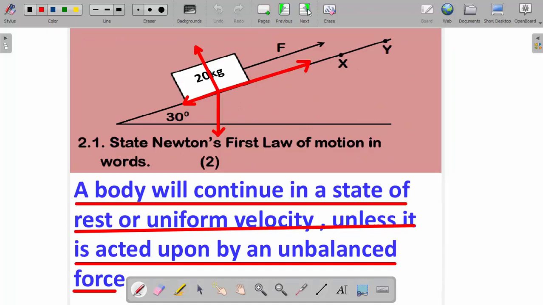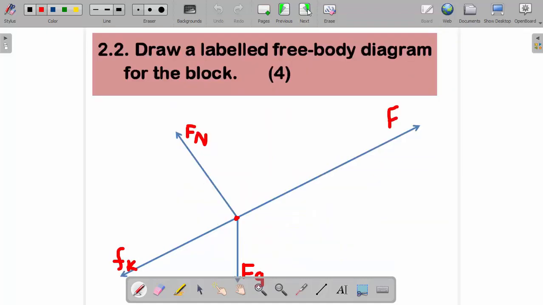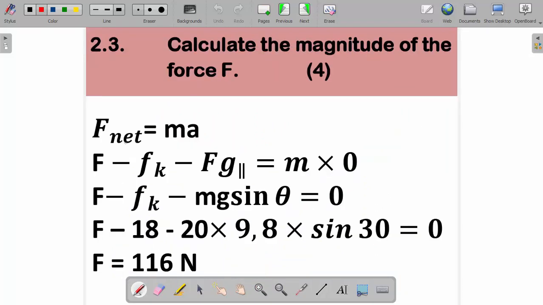So because it is moving, we bring in Newton's second law of motion, that is F net equals ma, as you can see it is here. And now note something here, that the block is pulled up the incline by the force F. So this force F which you see is the force which is pulling the body up the incline.